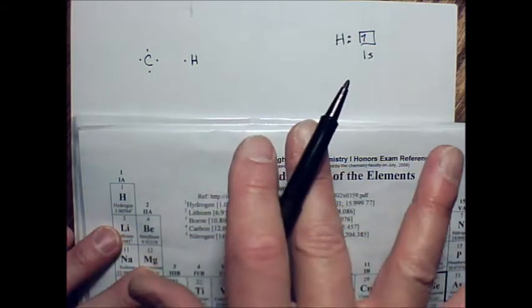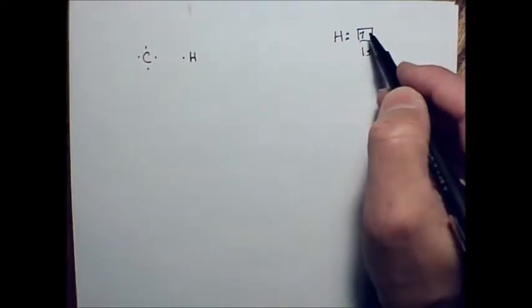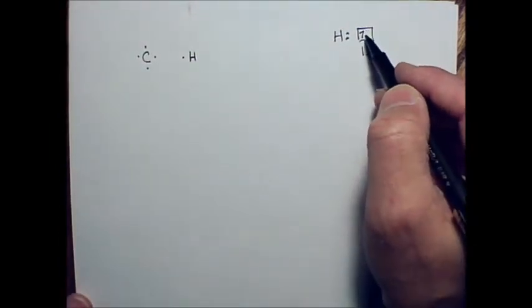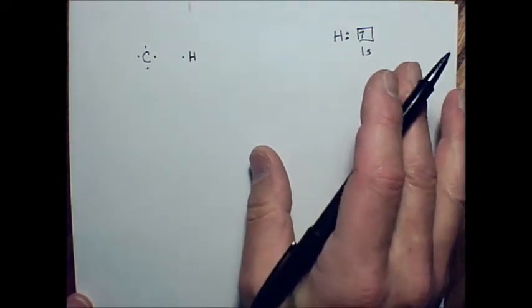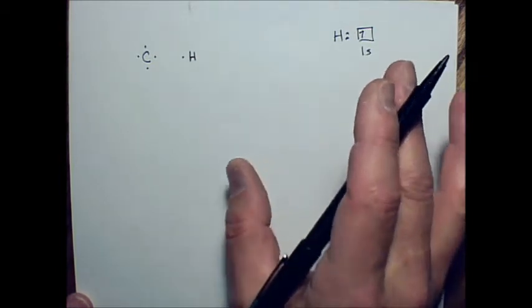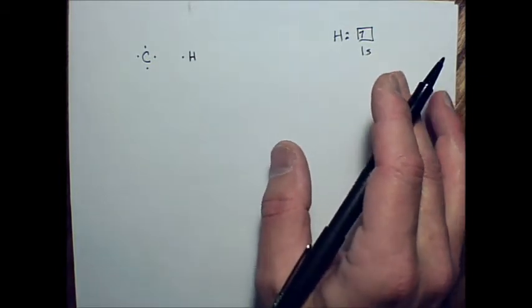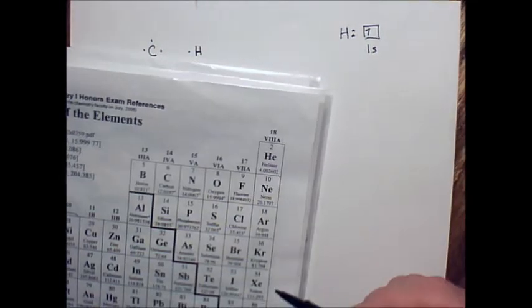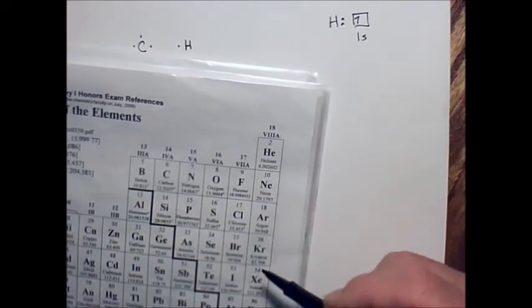So that's all hydrogen wants. It just wants 2 electrons, okay? If it can share electrons so it can have another electron right here, with this arrow pointing up and this one down, then hydrogen has a full valence level, and that makes it more stable. It will have the electron configuration of helium. Helium is one of the noble gases, and these are very stable elements.